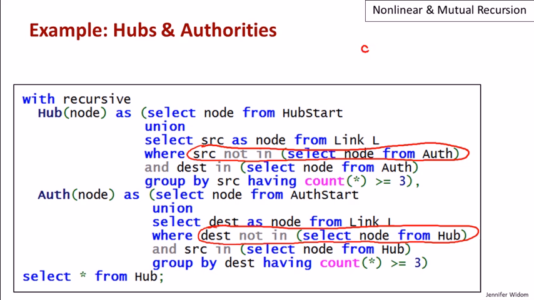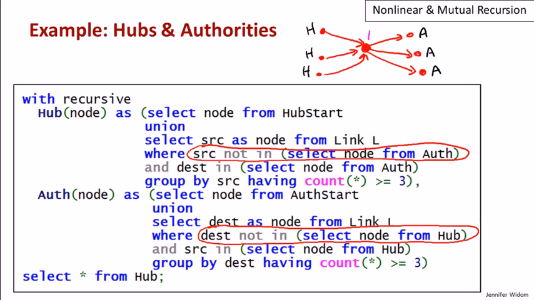Now let's suppose we have the following graph structure. We have a node here that hasn't been labeled as a hub or authority yet, and let's suppose that this node is pointed to by 3 nodes that have already been designated as hub nodes. And furthermore, this node points to 3 nodes that have already been designated as authorities.